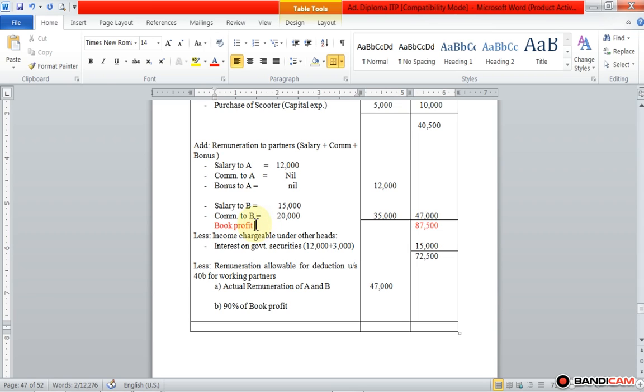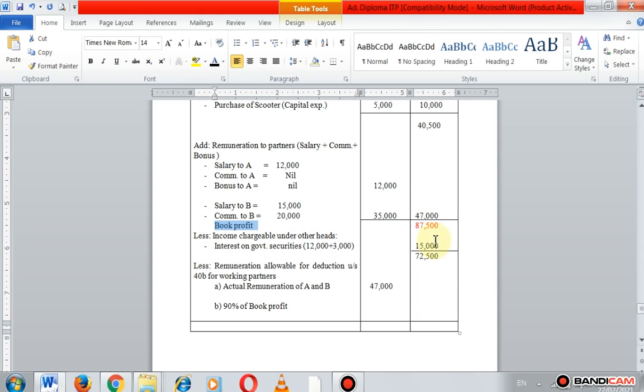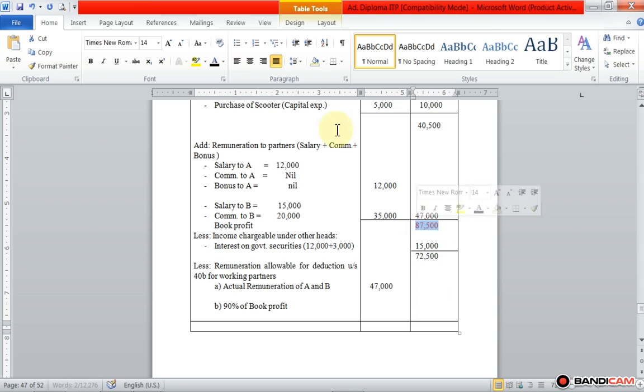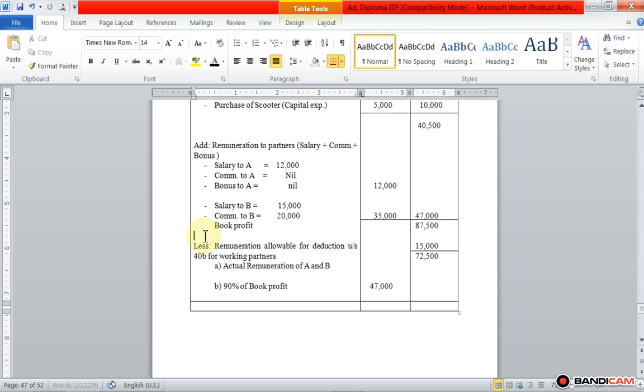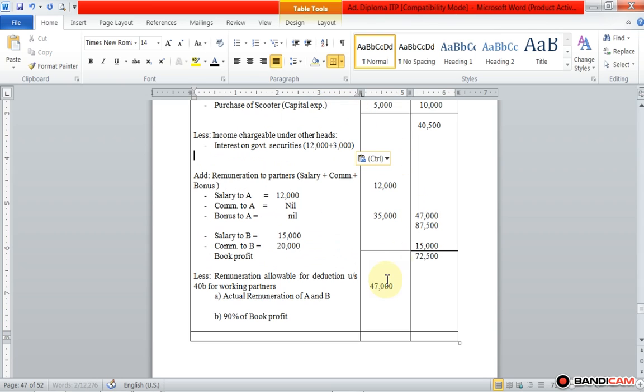Here it is not a book profit, some mistake is there. So first of all we add disallowed expenditure, then we less income chargeable under other head, so we deduct these from 40,500. Okay, that is 15,000 is deducted from, then we get a book profit.